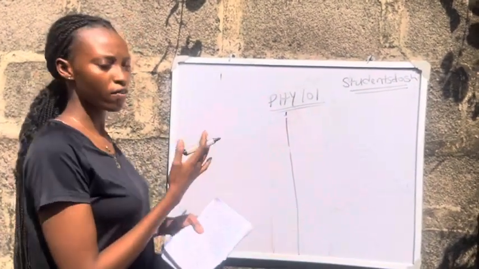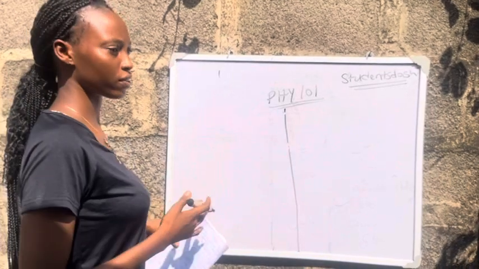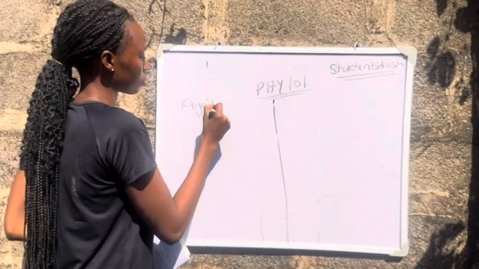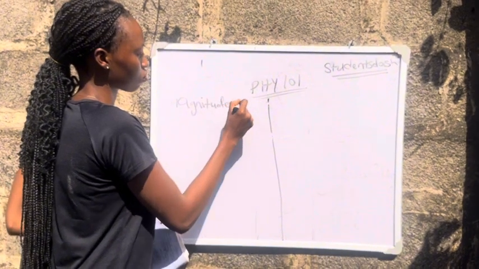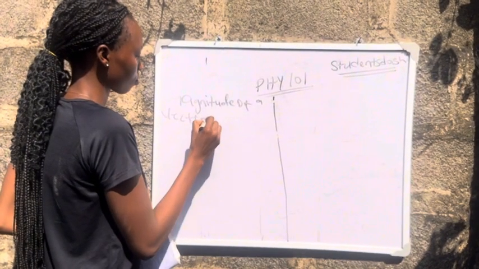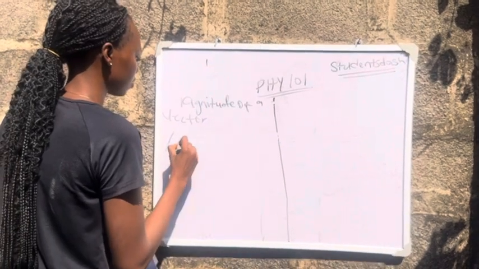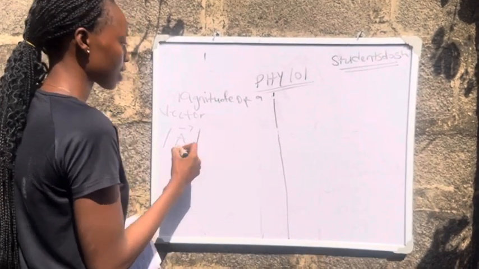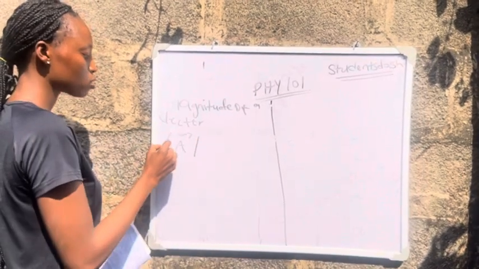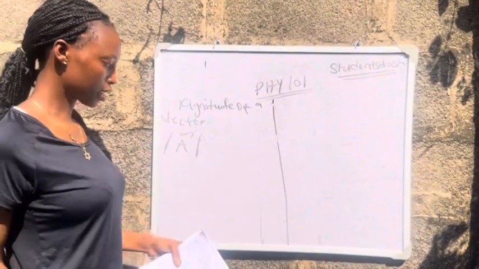We have the magnitude of a vector under these vector quantities. This is the sign of the magnitude of a vector. This one signifies direction, while this one signifies the magnitude.